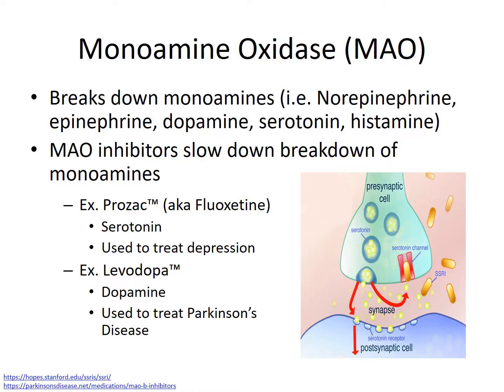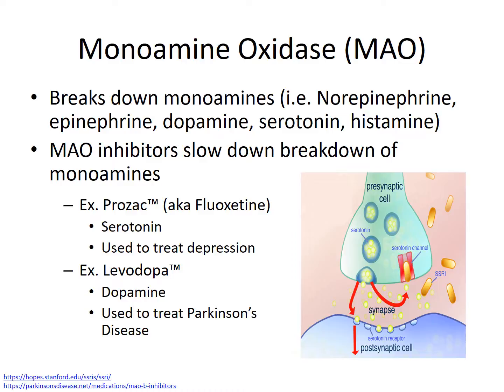If you remember the three ways that neurotransmitters are removed from the synaptic cleft, they can be reabsorbed by the axon terminal of the presynaptic cell.